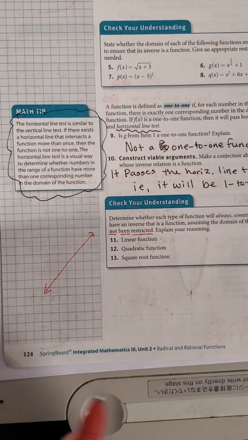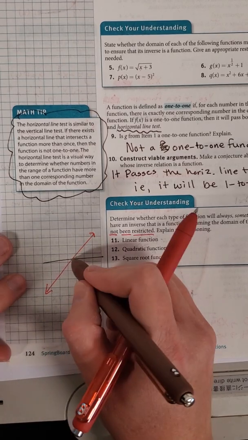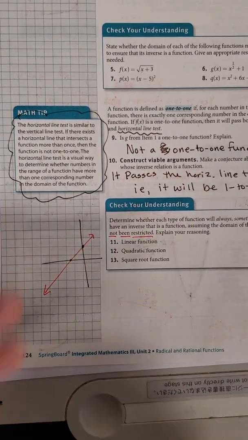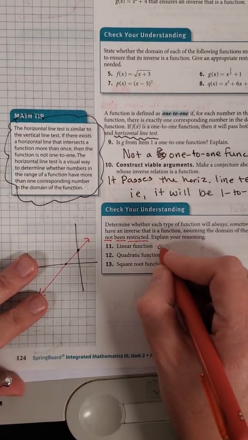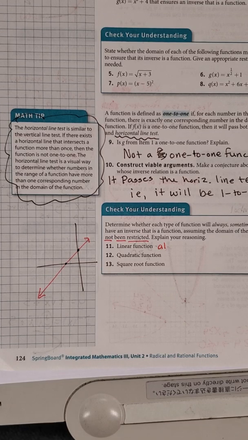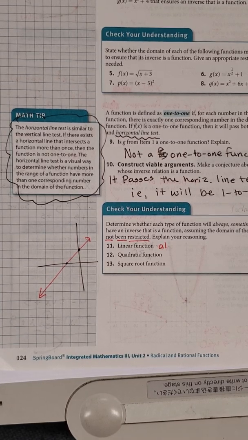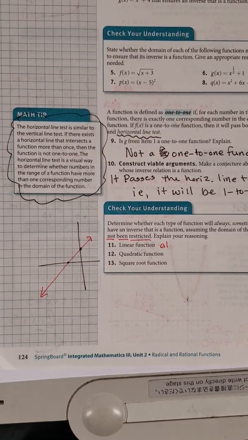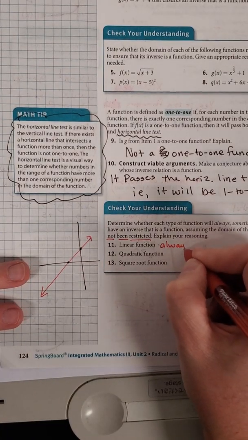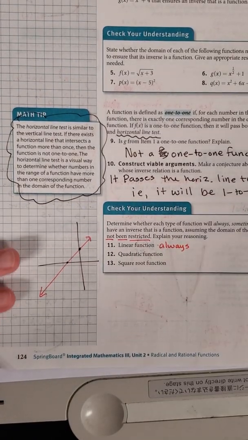It'll only cross in one spot each time. So they're always a function as long as they're not a horizontal or vertical line, okay?